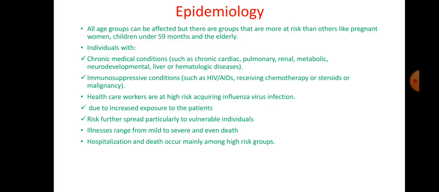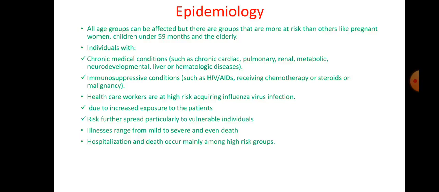Otherwise they would be eliminated from the body through the antigen antibody action done by the immune system. So the age group, children under 59 months, pregnancy and the elderly people all have a relatively weaker immune system as compared to that of adolescents, adults and the normal people.